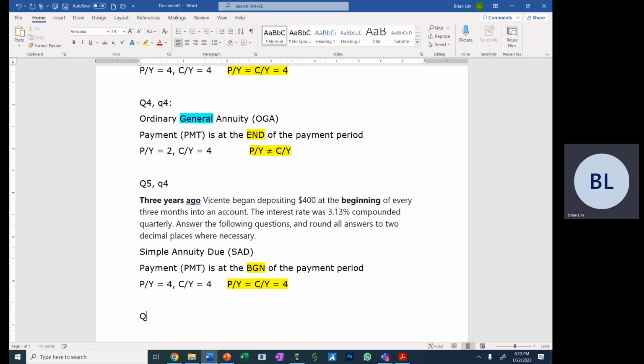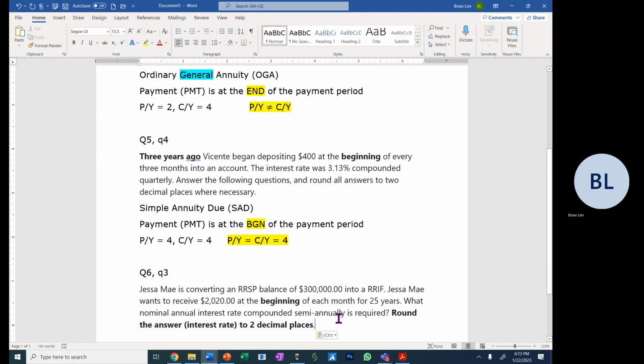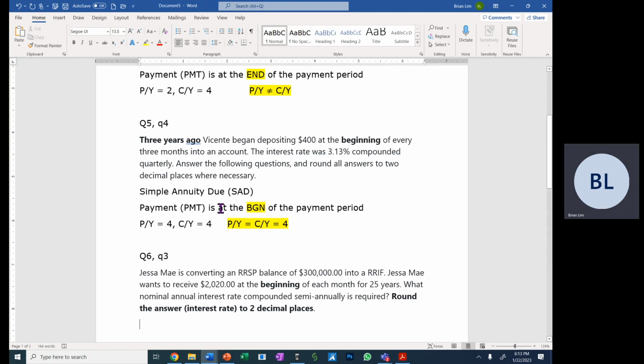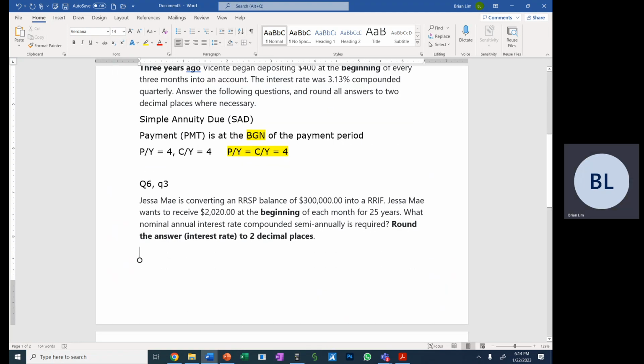Okay, quiz 6, question 3, and there we are. And now we can do what we need to do. All right, we'll just switch this font to the Verdana. And there we are.